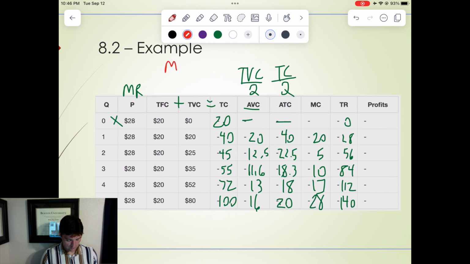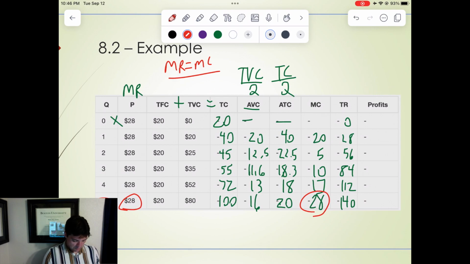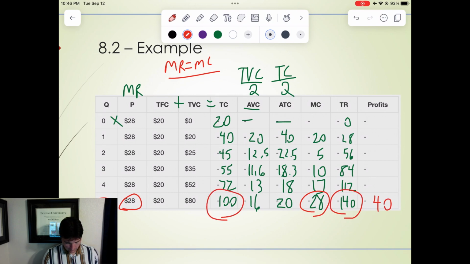And so right off the bat here, let's figure out what is the maximum profit. Well, that's wherever the marginal revenue is equal to the marginal cost, and that happens here at Q5. So how much profit are we making there? Well, total revenue is 140, total cost is 100, so 40 is the total profit there.